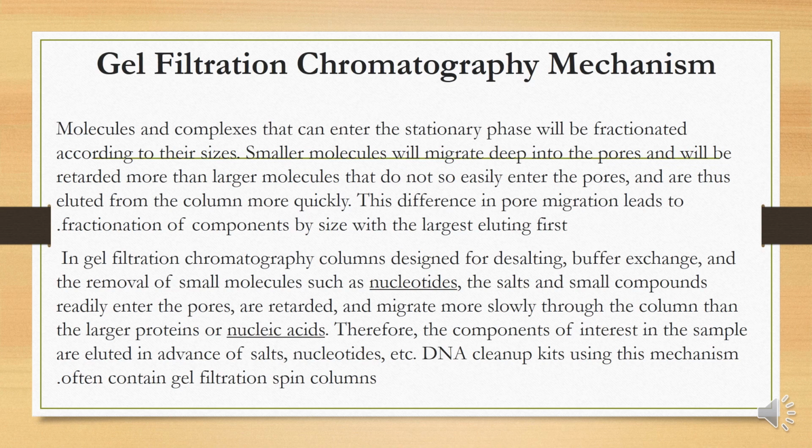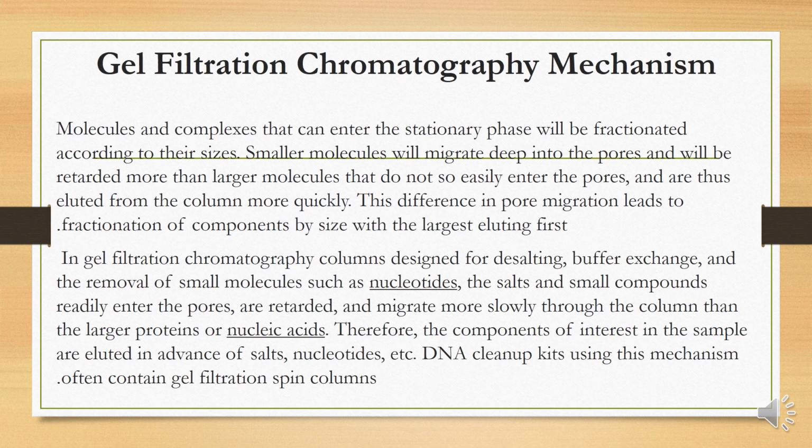Gel filtration chromatography columns are also designed for buffer exchange and the removal of small molecules such as nucleotides. The salt and the small compounds readily enter the pores, are retained, and migrate more slowly through the column than a large protein or nucleic acid.